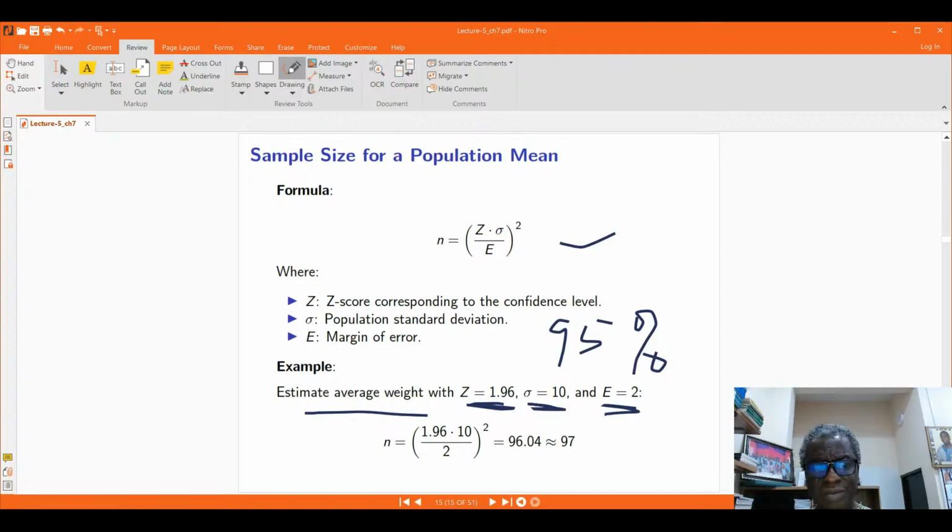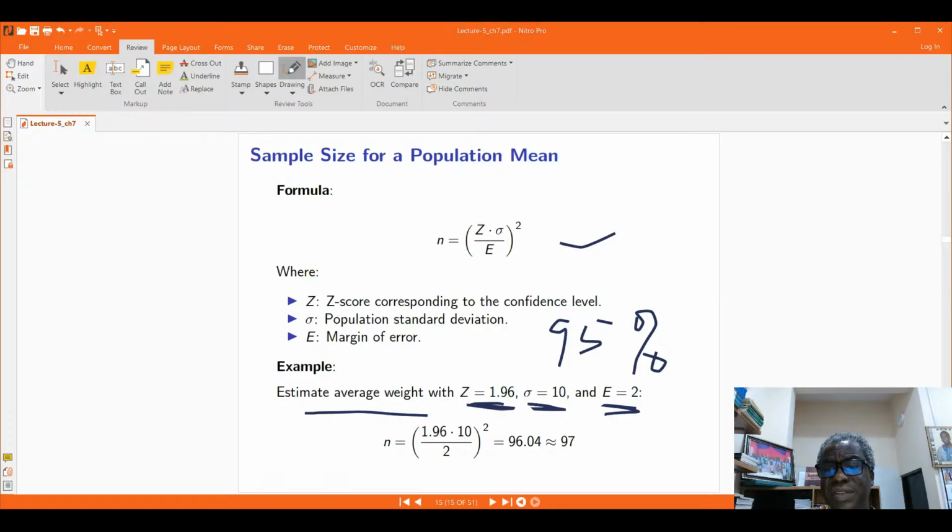you get approximately 97, which means that if you want to ensure precision in terms of the average weight that you want to estimate, then you need to take a sample size of 97.